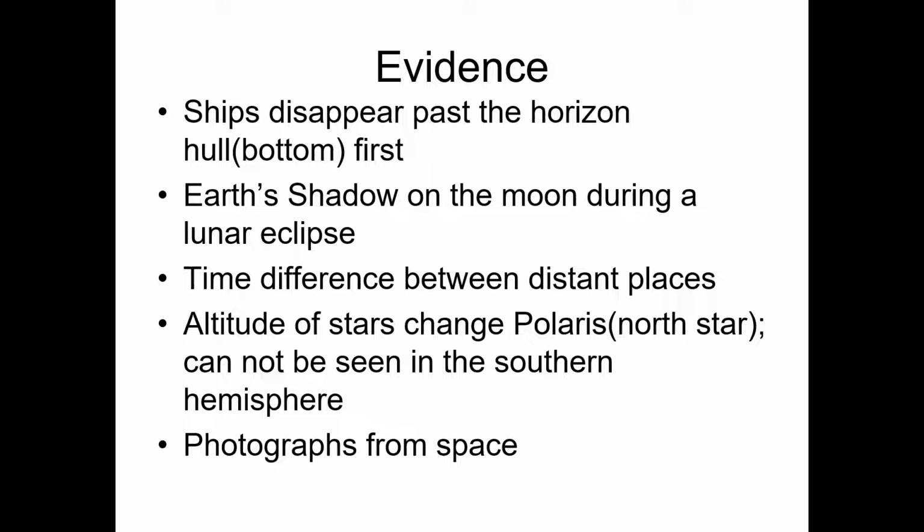So the stars looked like they were moving. And then finally, once we got photographs from space, they're like, oh, that is absolutely a circle, a spheroid. We can't argue anymore. The Earth is definitely a sphere. So that is all the pieces of evidence that the Earth is actually not flat, but in fact round, or more specifically an oblate spheroid.